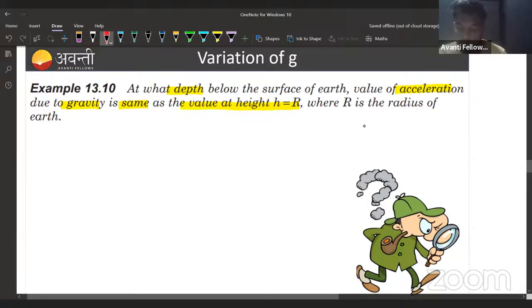D equals to 2h. I'm afraid that's the wrong answer. That's the wrong answer, guys. Try once again. Asha, what formula are you using? That is important, right? Do we have to use the approximate formula of height or the actual formula of height?